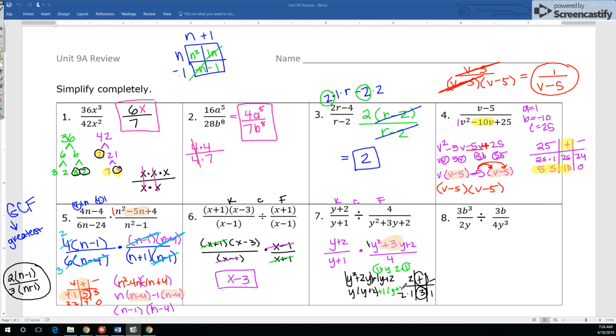I don't need to worry about any negatives or anything because everything's positive in this problem. So we don't need any negatives. So my factors end up being y plus 1 and that repeated parenthesis of y plus 2. So that's going to go in my numerator. So I'm just going to actually just erase this because I'm really out of room on this.